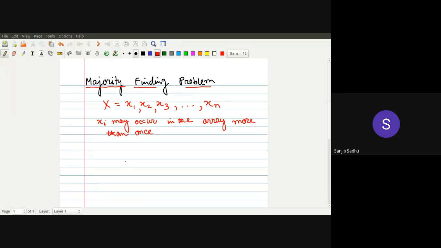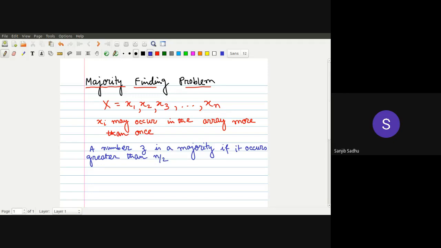Or I should define it like this: a number z is a majority if it occurs greater than n by 2.